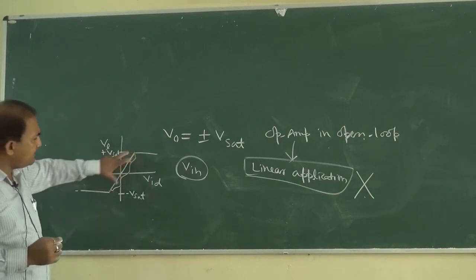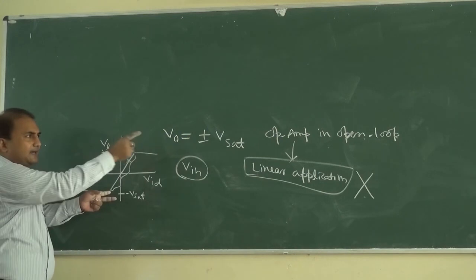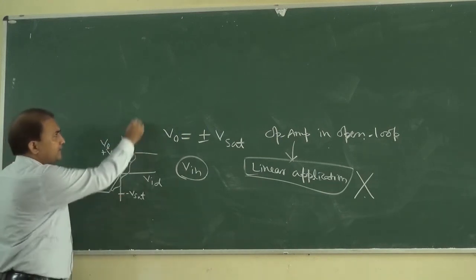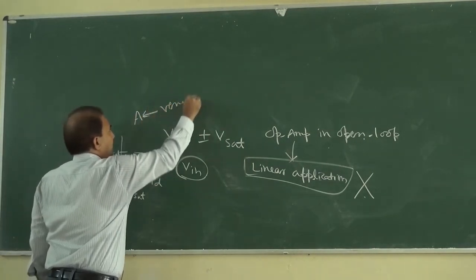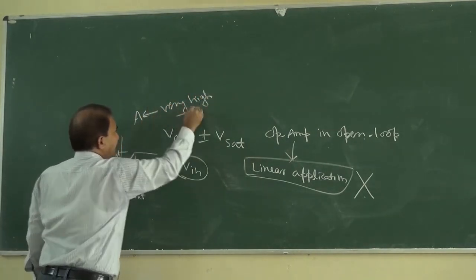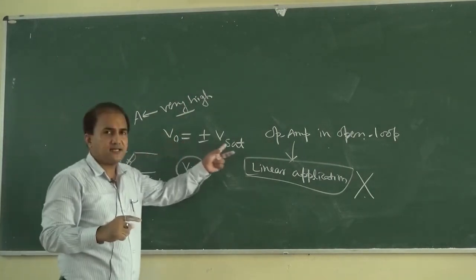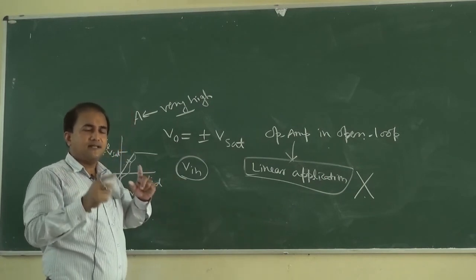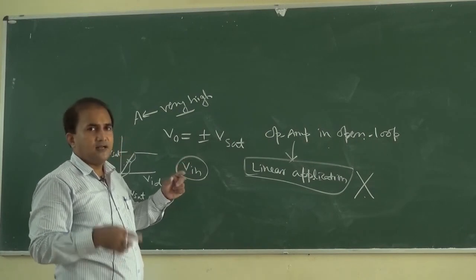For linear application we have to use only up to this one. But in case of open loop configuration, A is very high, and because of very high A, V output generally reaches plus or minus Vsat even for a very small input voltage. So this is the major disadvantage of open loop configuration.